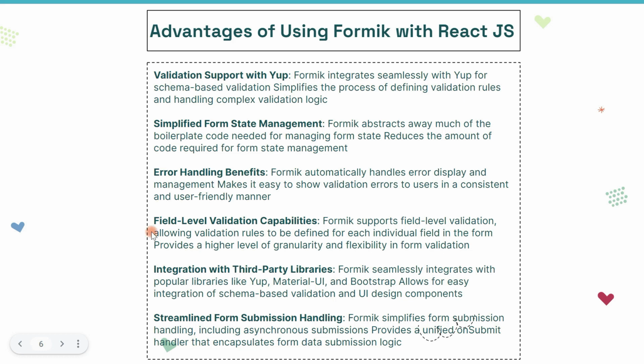We have seen the benefits of using Formik in the previous slide: validation support with Yup, simplified form state management, error handling benefits, field level validation, integration with third-party libraries, and streamlining the form submission handling. These are the benefits of using Formik with React.js.